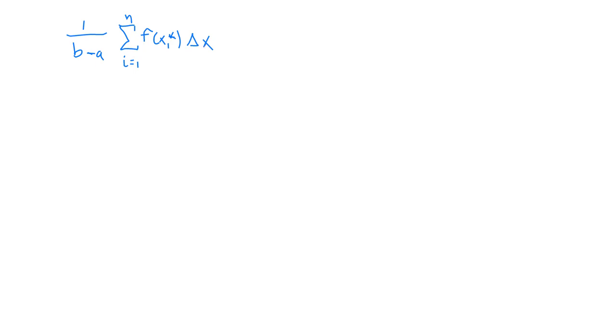If we take the limit as n goes to infinity, the 1 over b minus a will factor out from the limit.